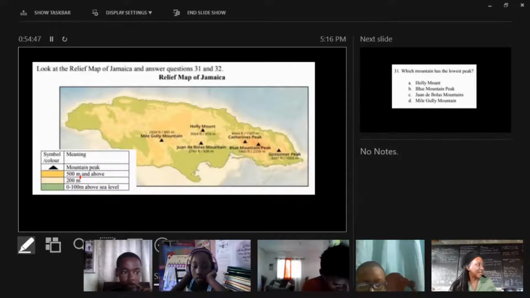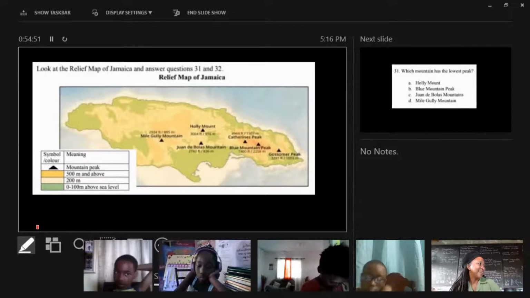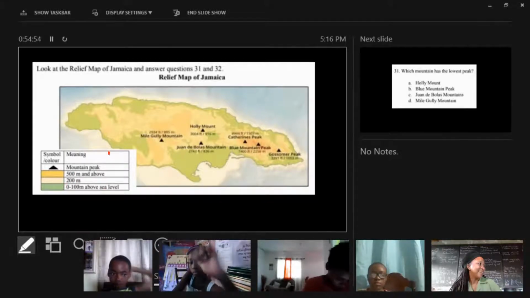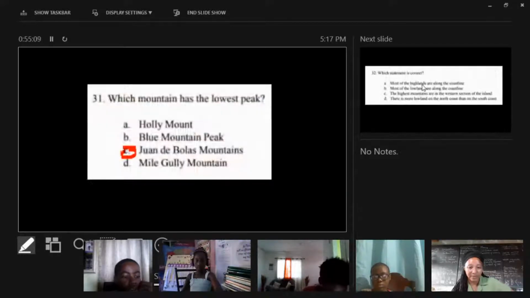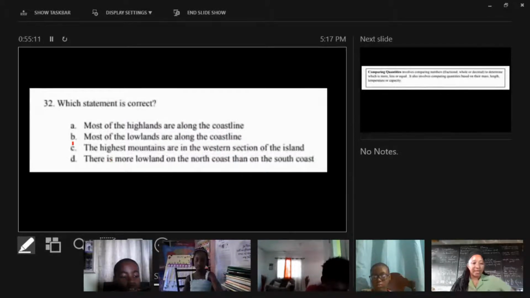So if we can see the highland, the green is the lowlands, and it's actually the lowland areas that are along the coastline. See that? So A is not correct. It's actually the lowland areas that run along the coastline. So then B says most of the lowlands are along the coastline. So this one would be correct. It would be B.